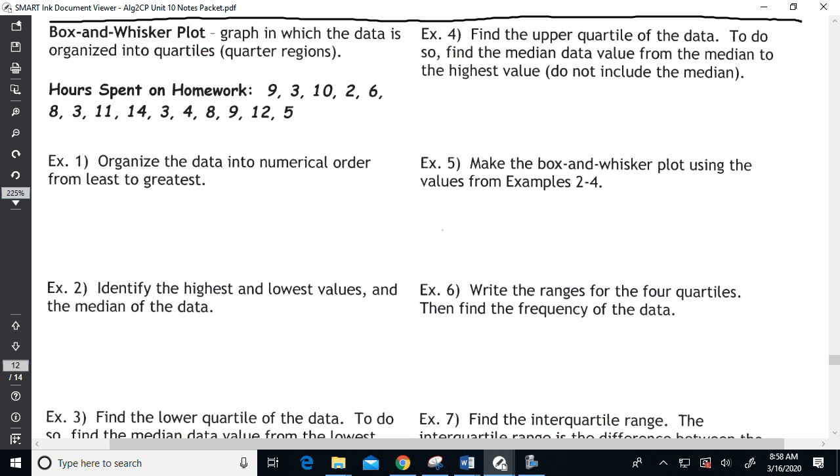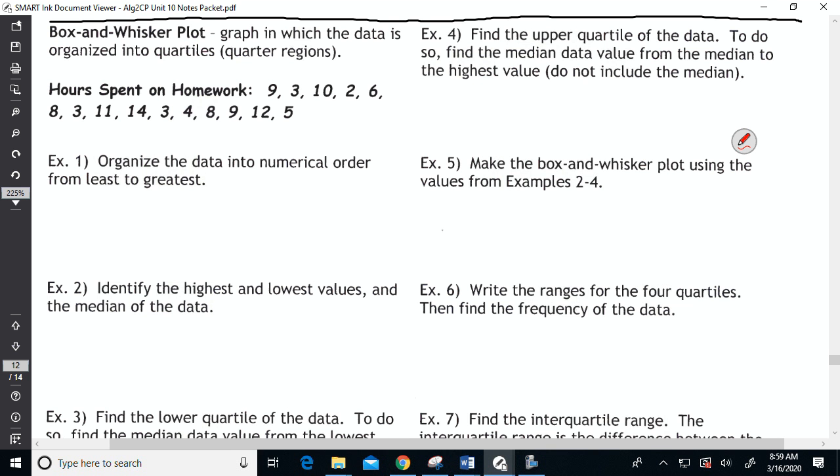Hours spent on homework, and the numbers are listed there. Your first thing you need to do is organize the data into numerical order from least to greatest. The example also gives you the steps of how to do a box and whisker plot, so we're going through the actual steps of how to do this as well.